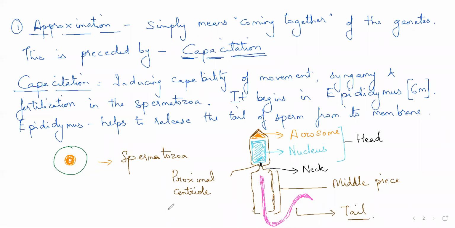Now this middle piece has several mitochondria. And these mitochondria wrap this fibrous part.